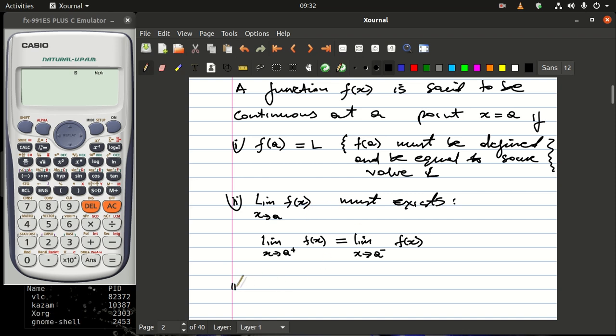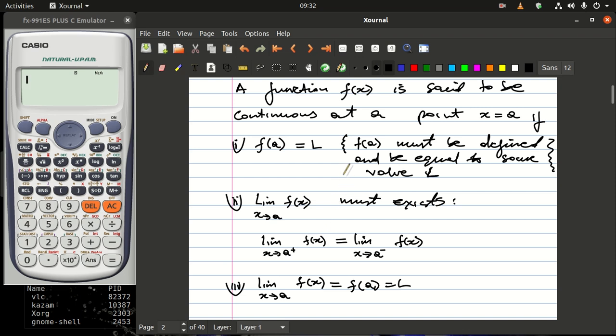Now the last condition, the third, says that the limit as x approaches a on both sides of f of x must be equal to the same value you get when you plug in f of a, which is just L. Whatever this limit is, I must be able to just plug in a and get that.